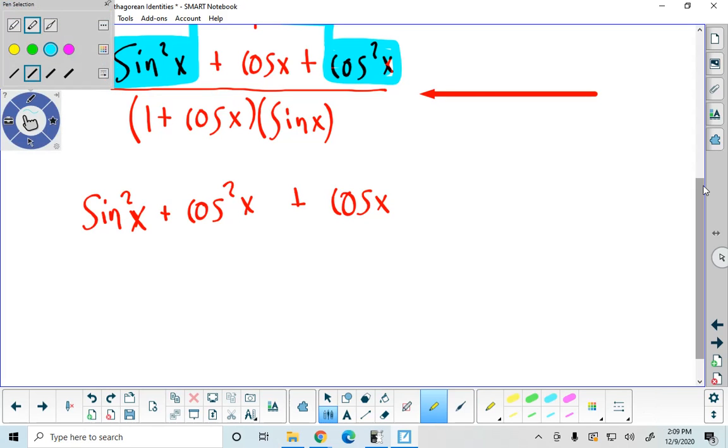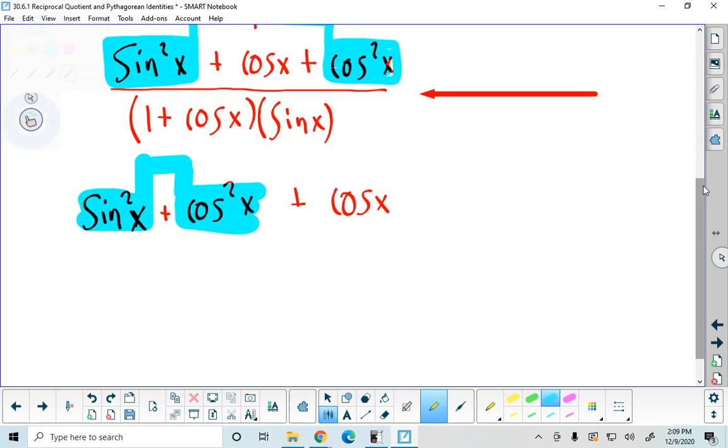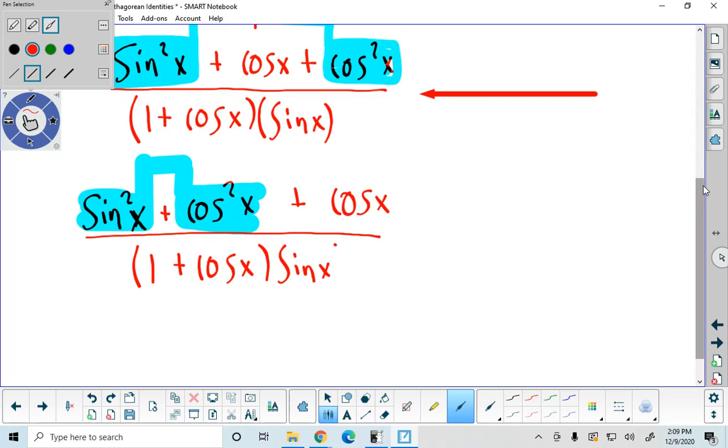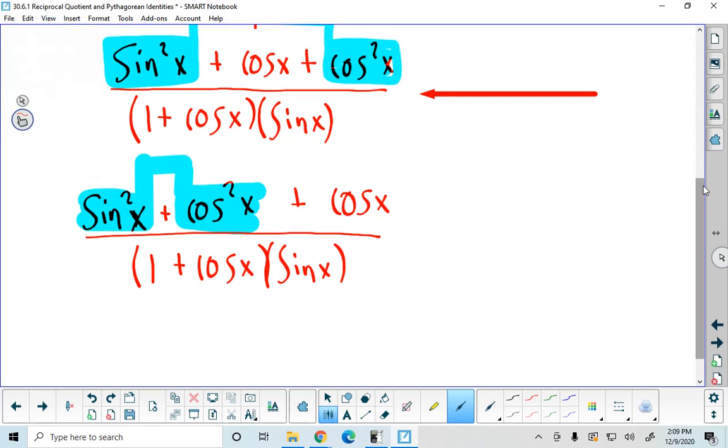By the way, if you see how the top becomes 1 plus cos of x, you don't need to do this. I have rearranged the order of these, and this is now over 1 plus cos x times sine x. Well, the top is 1 plus cos x.